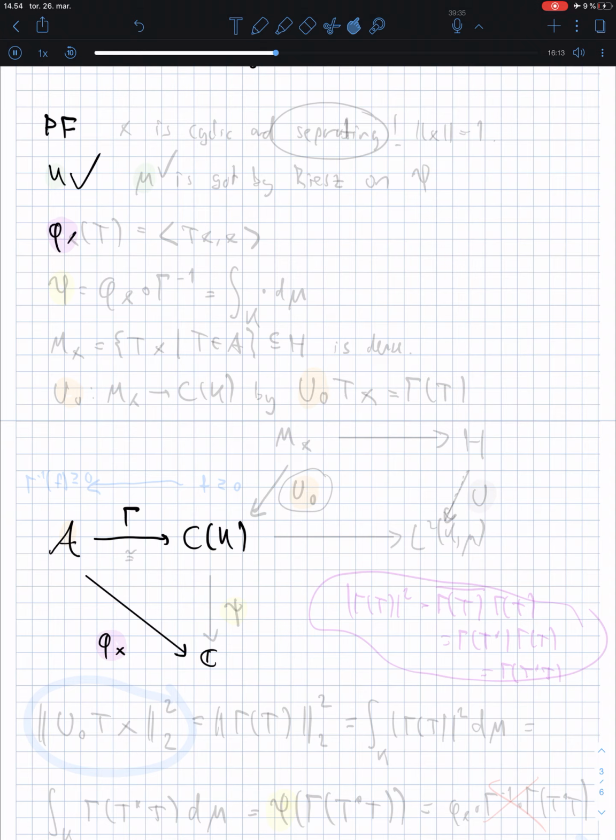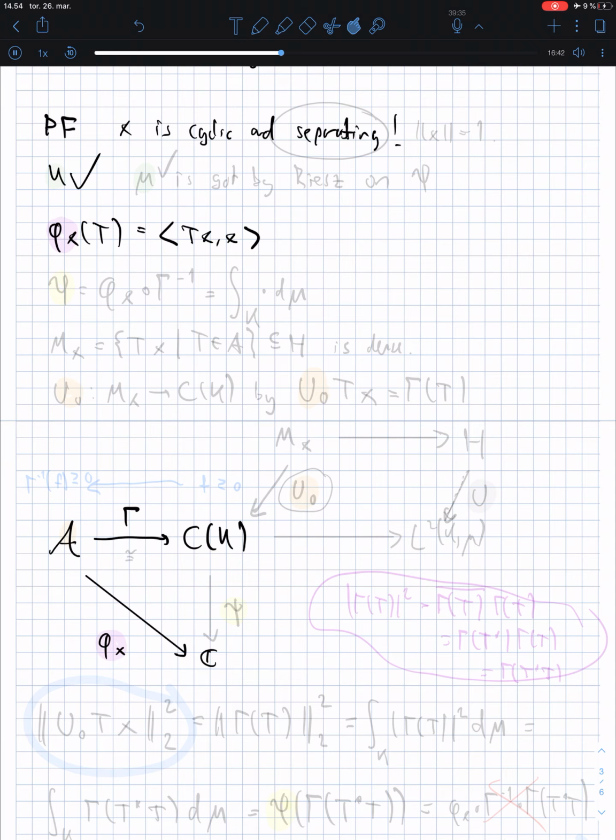What is the state? Well, phi_x of T is going to be the inner product of Tx and x. Right, so this is clearly a state. It's a positive linear functional that goes from A to C. And I'm using here that my x, recall that x is cyclic and, as we've seen, also separable.